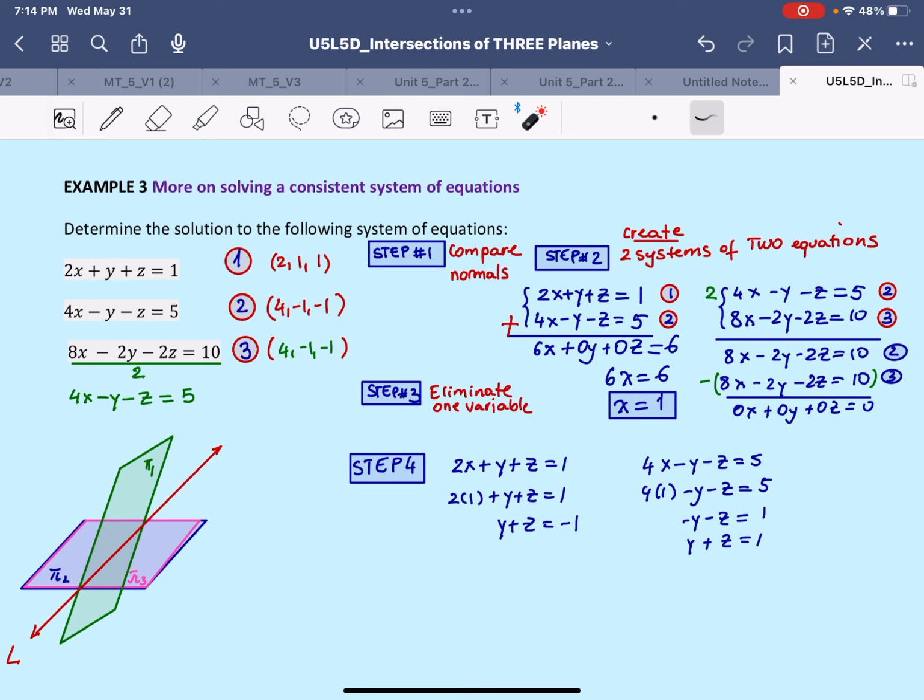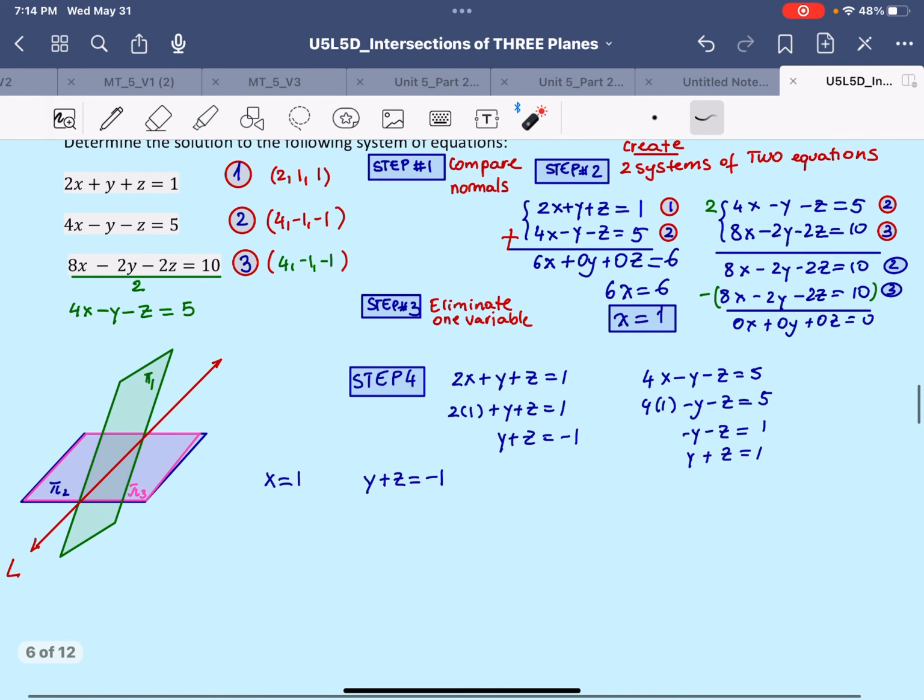So what we have in our hand right now is the following information. So first of all, we know for sure that x would be equal to 1. And for the other coordinates, y and z, all we know is that when added together, that will give negative 1.